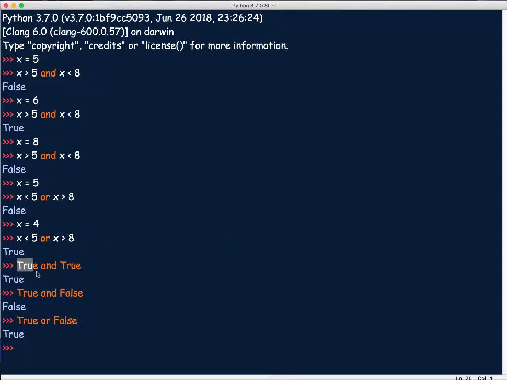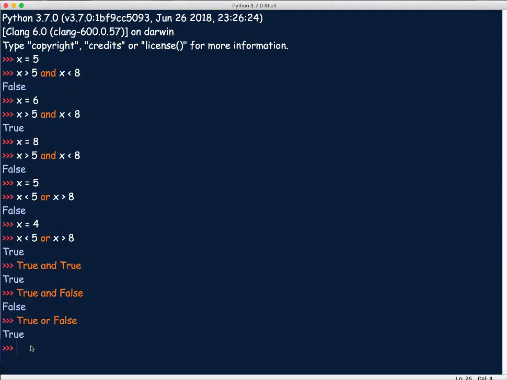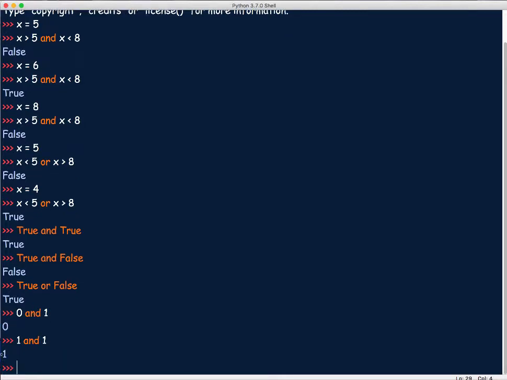So this here really allows me to validate my true statements. You can even do this. 0 and 1 is a 0, right? Because that means false. 1 and 1 is a 1. That means it's true. So there's different ways in which you can evaluate these to really test your and your or.